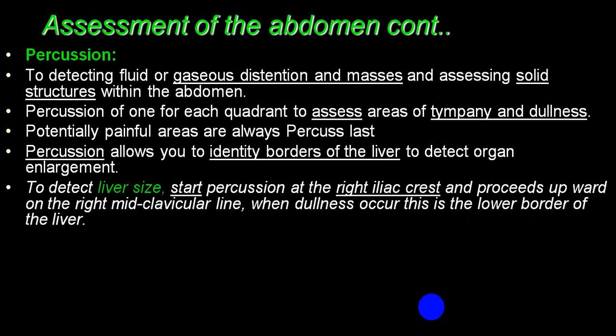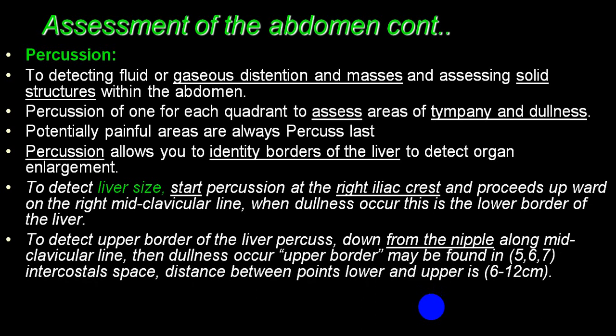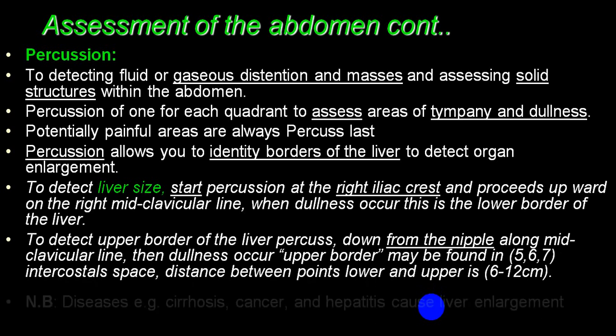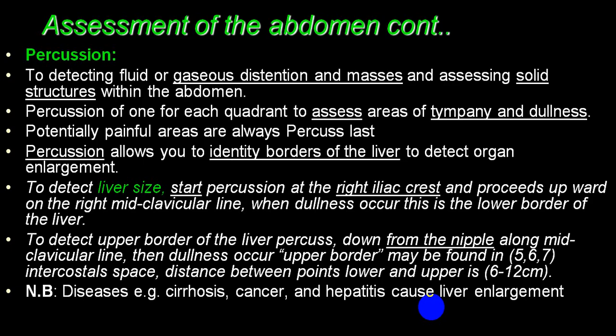By that you will be able to identify the liver size, and by identifying the lower border you will be able to identify even the shape of the liver. And while doing a percussion you will also be able to identify whether it is tender or non-tender. So that will be the way you try to identify the liver borders.